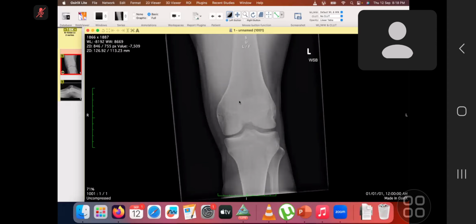I'm presented with a left knee X-ray frontal view for an adult patient.